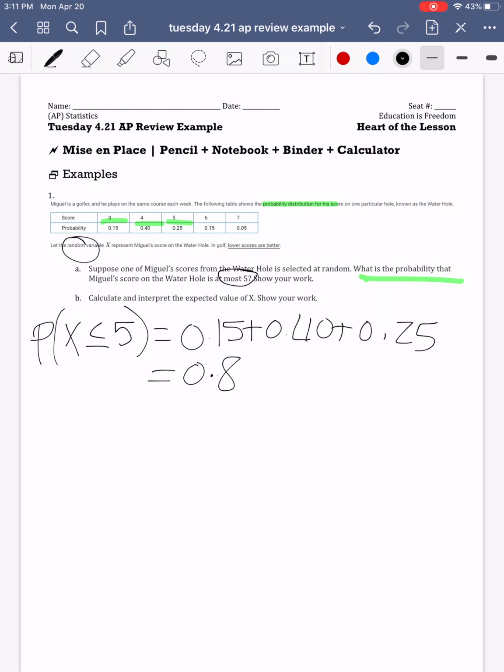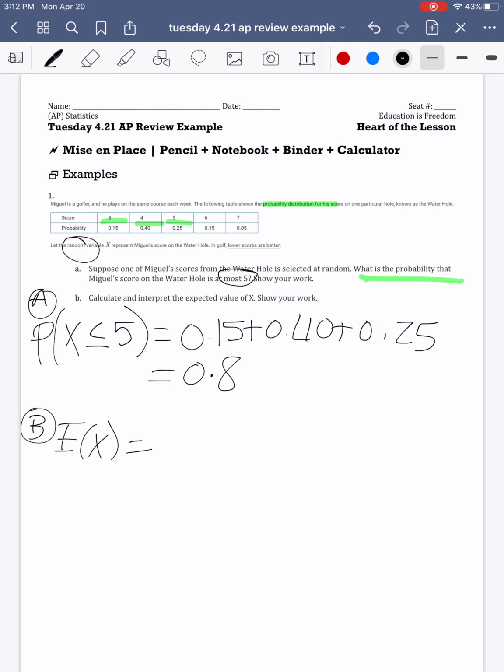And then for part B, we need to calculate and interpret the expected value. So another aspect to each of these random variables is the expected value, as well as the standard deviation. So for the expected value, sometimes they might say expected value, or they might say the mean or the average of x.